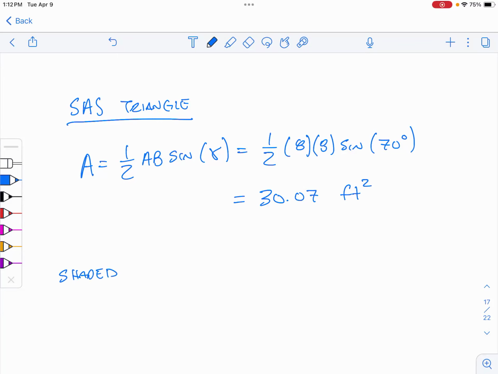And so the shaded area equals 39.01 minus 30.07.